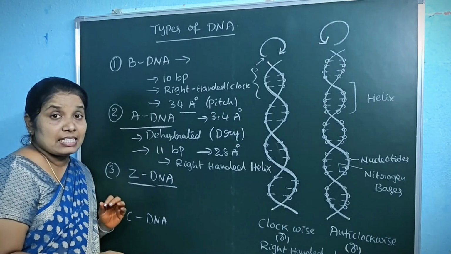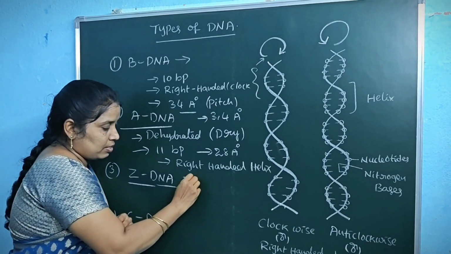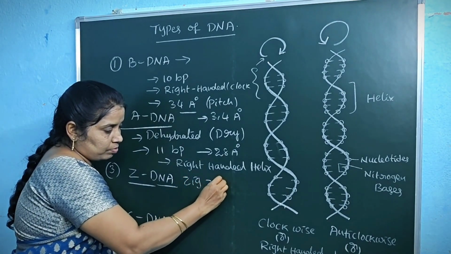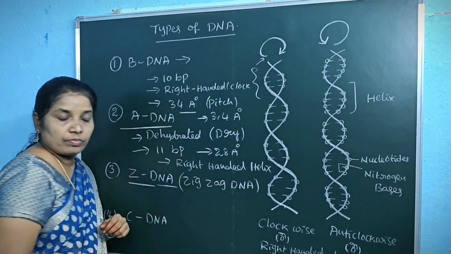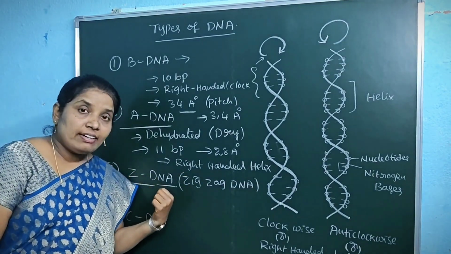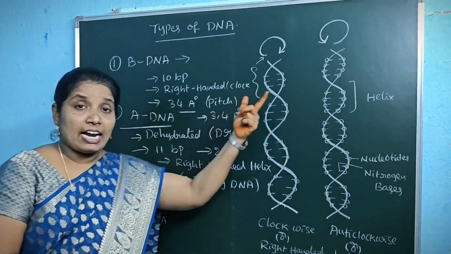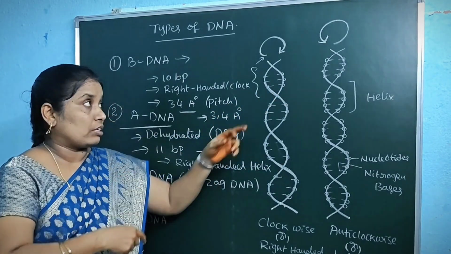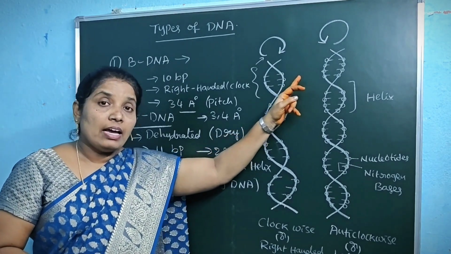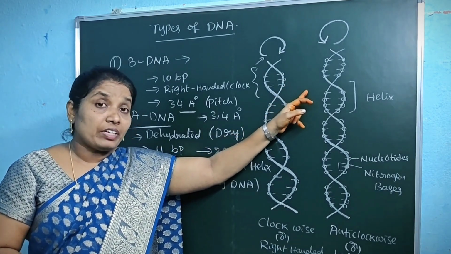Z is nothing but zigzag DNA. zDNA is a left-handed helix. It shows an anti-clockwise helical structure. First time I am telling anti-clockwise, or left-handed helix.